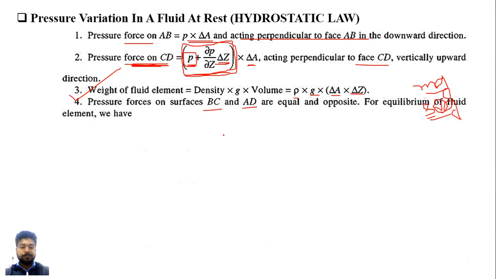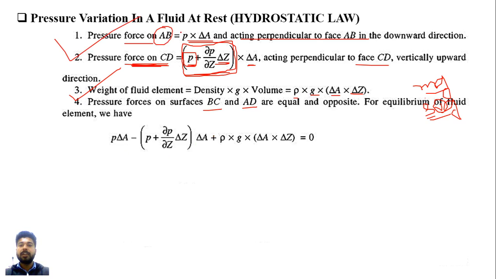Now let's resolve these forces in the vertical direction. The first force, applied on AB, is P × ΔA. If you take the downward force as positive, then the upward force applied on side CD is negative.